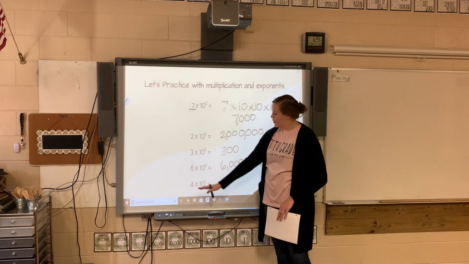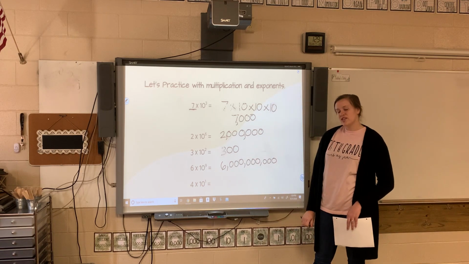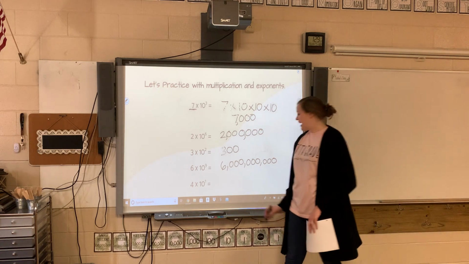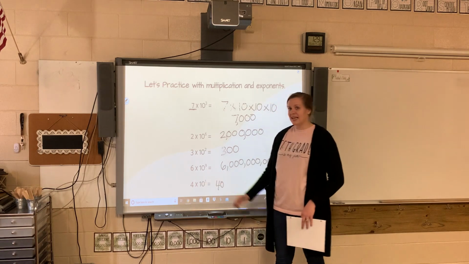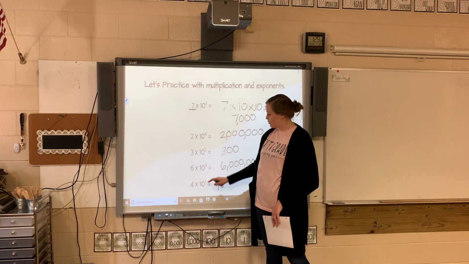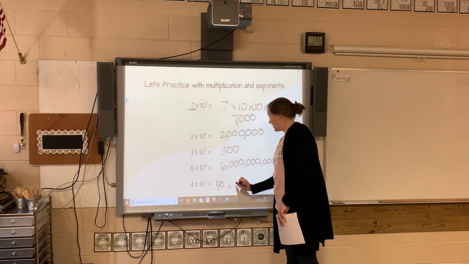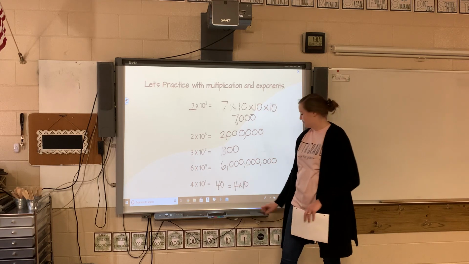Our last one, 4 times 10 to the 1. What do you think that's going to be? 40, right? Because all we're doing is 4 times 10, because this tells us how many times we're multiplying by 10, and it's just one time. So all that is 4 times 10.